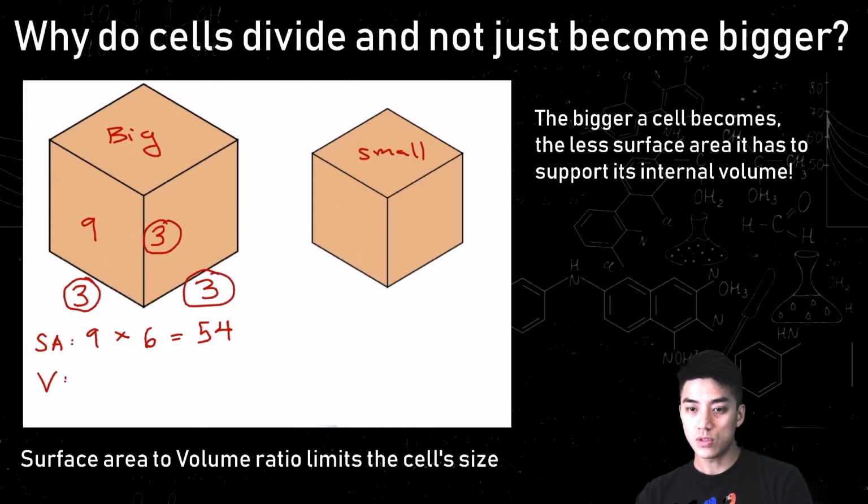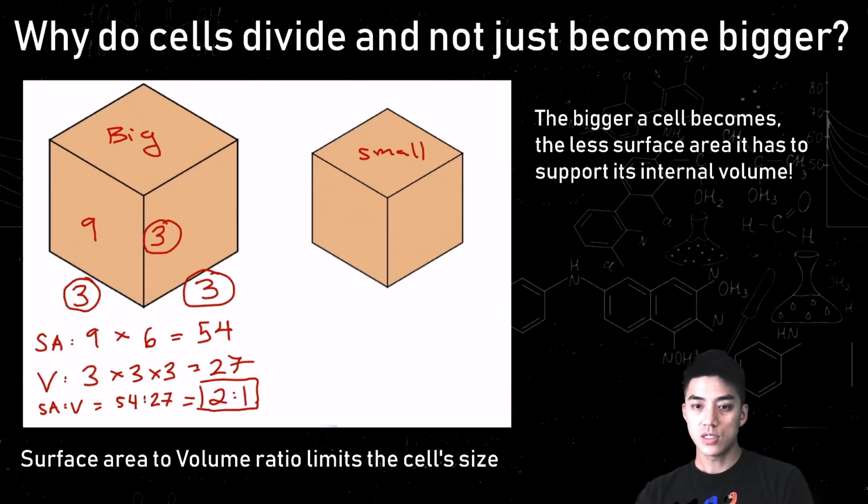The volume is 3 times 3 times 3, or length times width times height, giving us 27. So the surface area to volume ratio is 54 to 27, which simplifies to 2 to 1, which is not great.